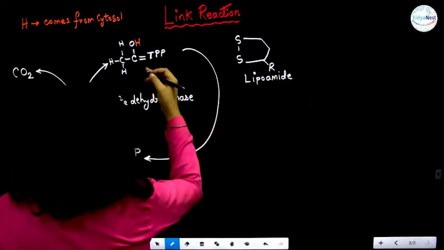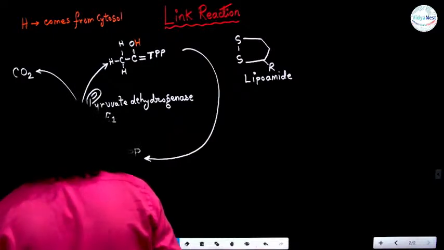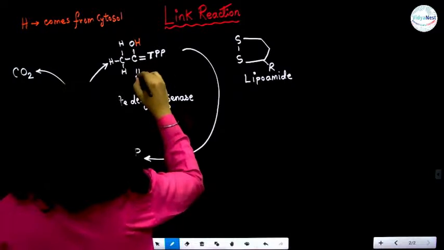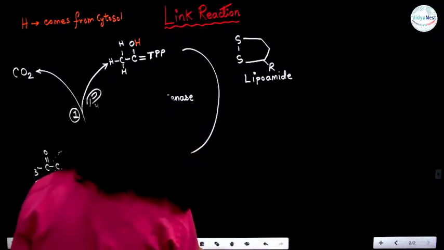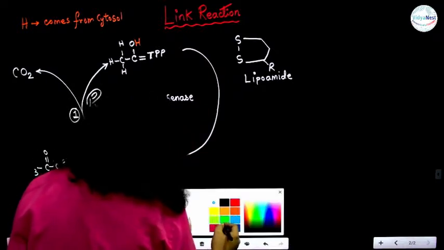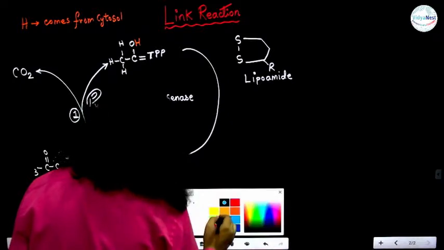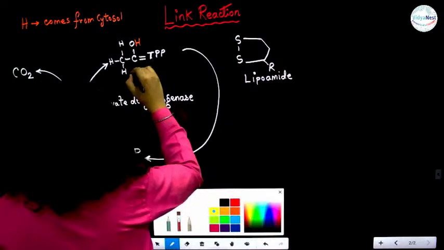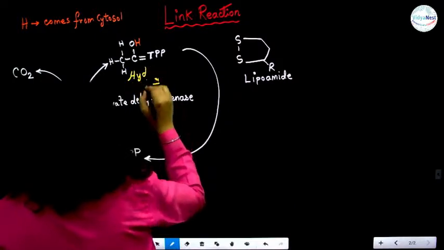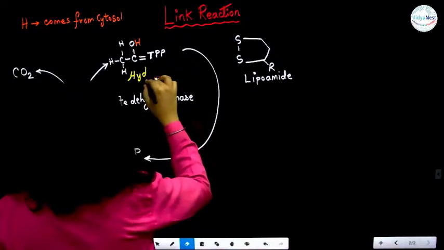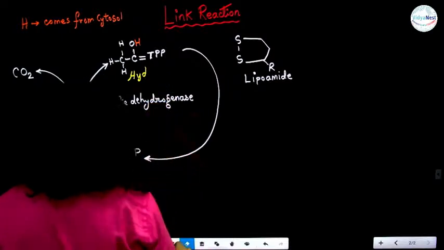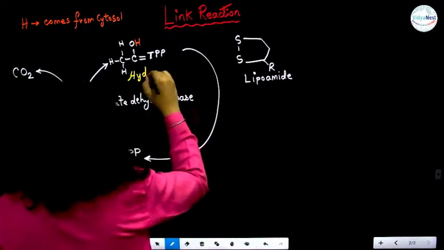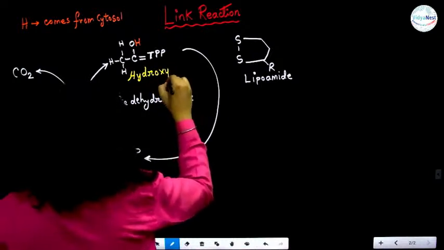Now this will be reacting with this particular compound, which is hydroxyethyl TPP. This is known as hydroxyethyl TPP. I can write it in some other color.